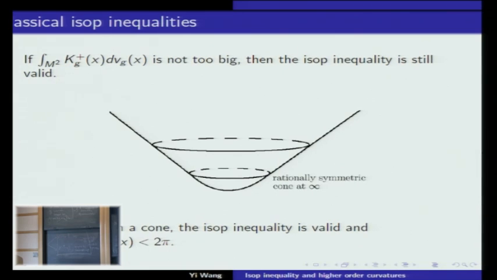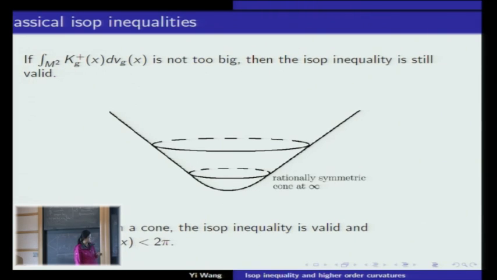Over this cap, you can think of it as a part of the unit sphere, and therefore the integral of the positive Gaussian curvature is determined by the area of this cap part. The biggest case is when you have this cap be the hemisphere. So that's why you have this constant 2 pi there. That's exactly when the cap is the hemisphere.